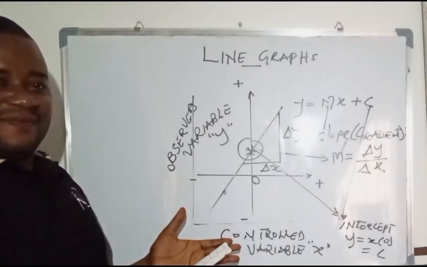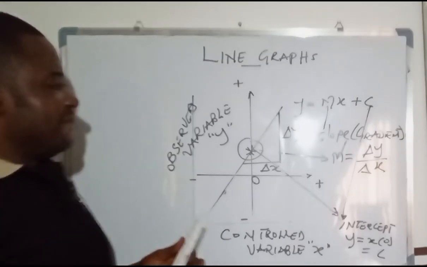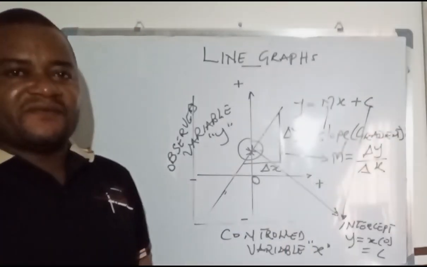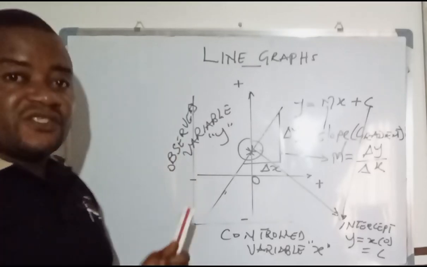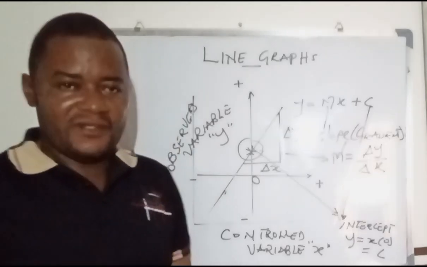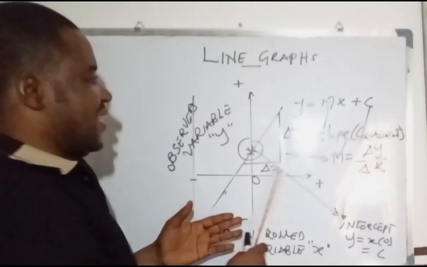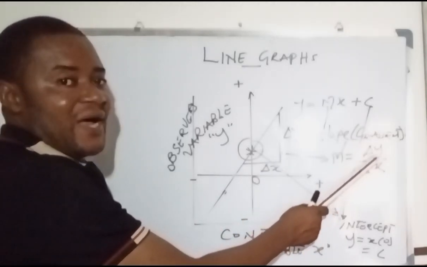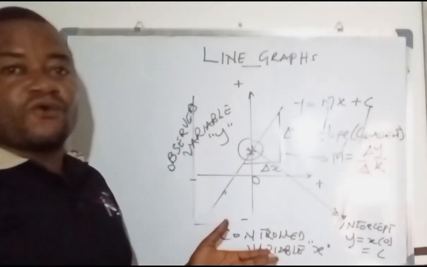That is the beauty of the graphical work. So you can see that there are 4 parameters in a straight line graph. The first parameter is the observed variable y, which is the variable that is measured. Then you have the m, which is the slope or the gradient, obtained from the quotient of the difference in y, the observed variable, and the difference in x, the control variable.